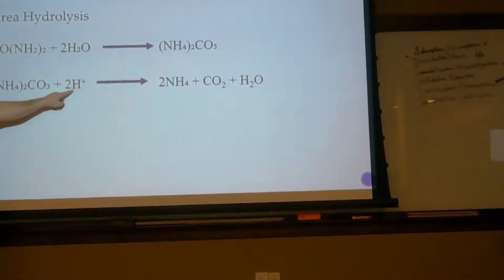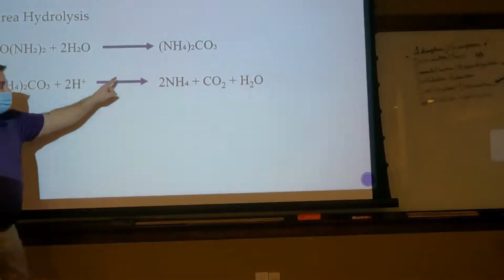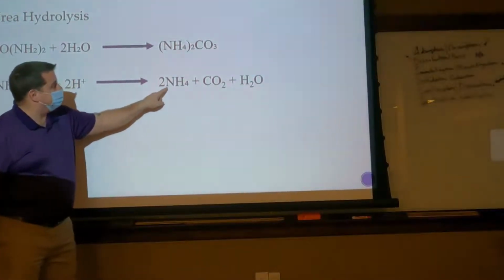Consuming 2 hydrogens is going to make our pH go up. It's going to increase. So when the pH increases, what happens to the CEC? It increases as well, which is good for us.